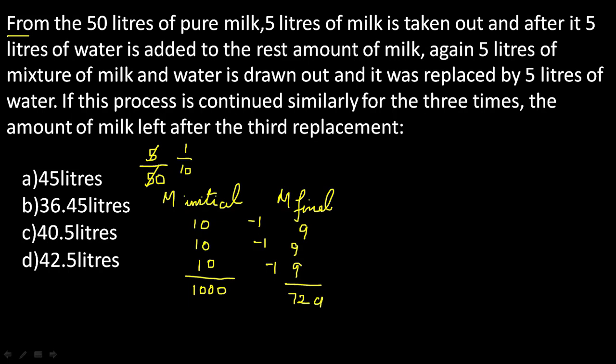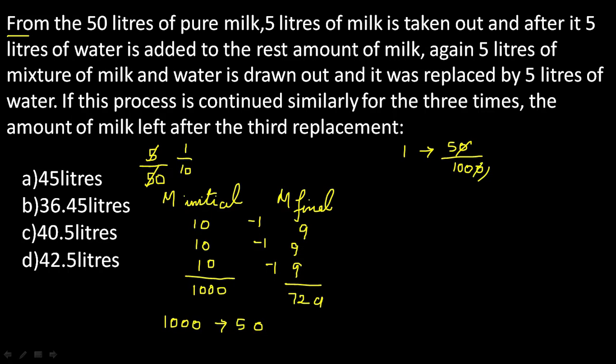This 1000 units is nothing but 50, so 1 unit will be 50 by 1000. So we will be getting 5 by 100.